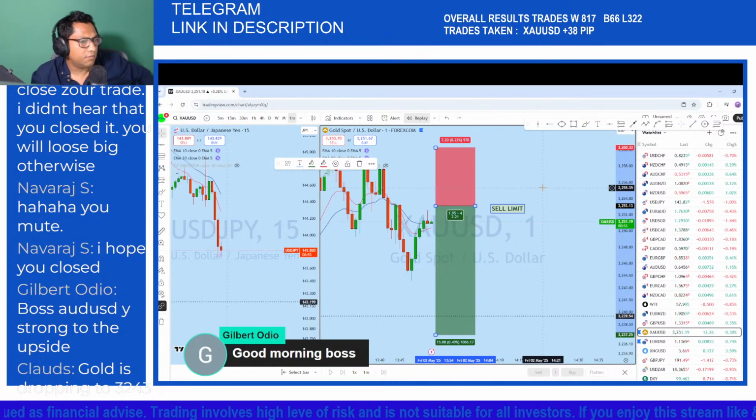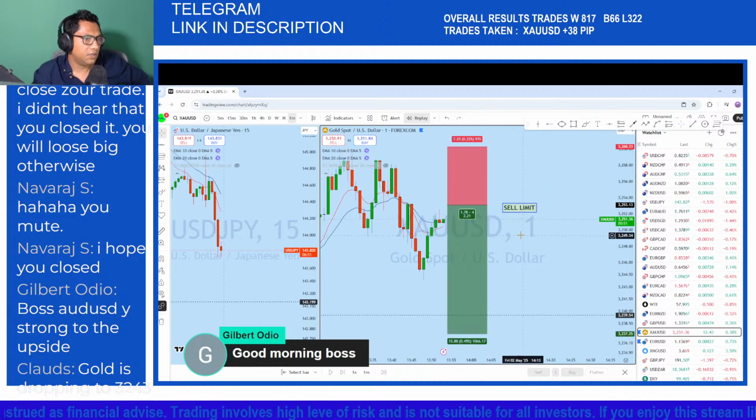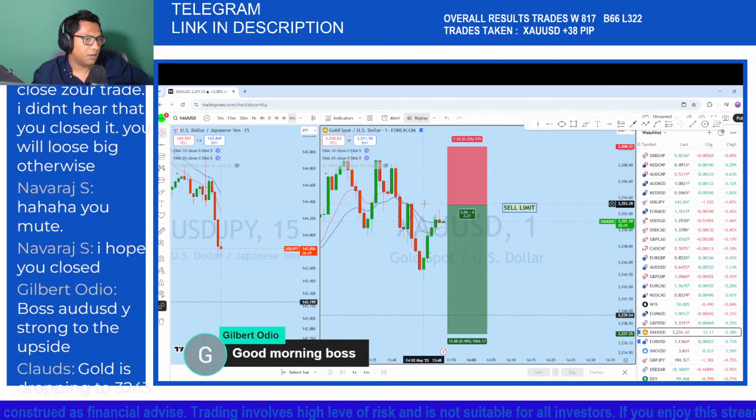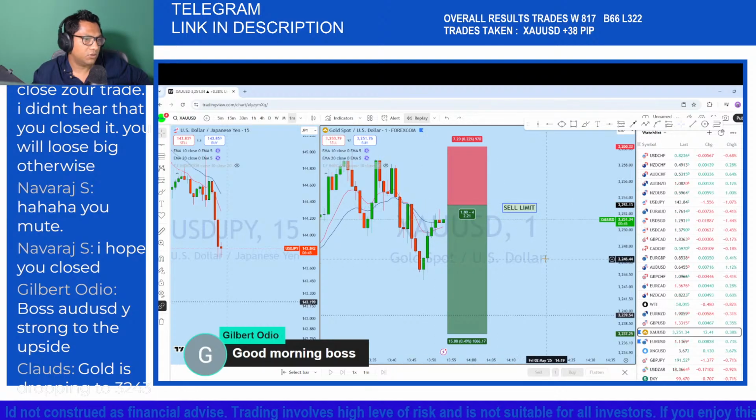It didn't trigger yet, but I think we might see it waiting for a retest here and then a return.